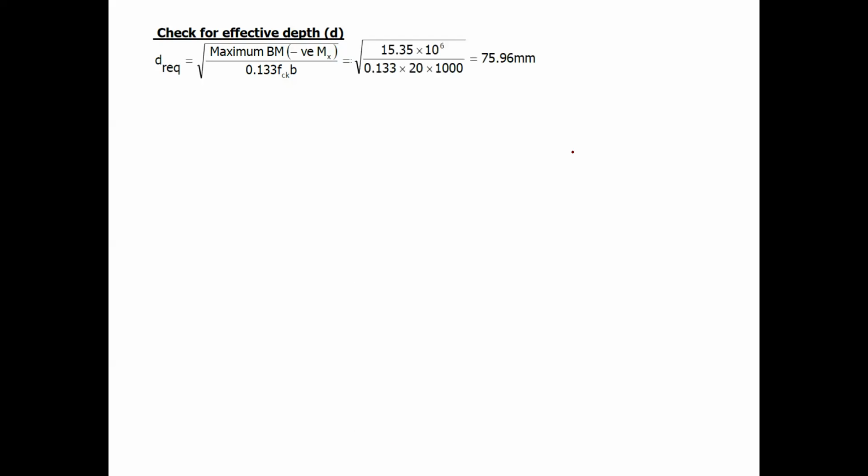Next, take down check for depth. D required is equal to root of Mx divided by 0.133 fck b. As you know, the maximum Mx value is 15.